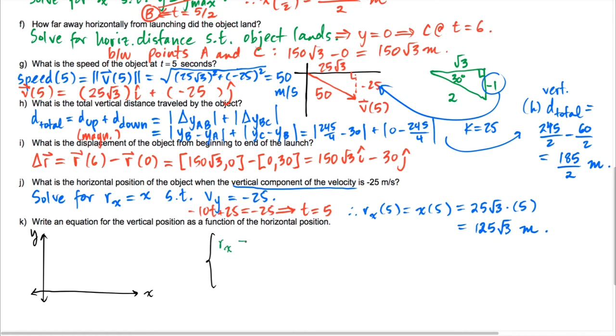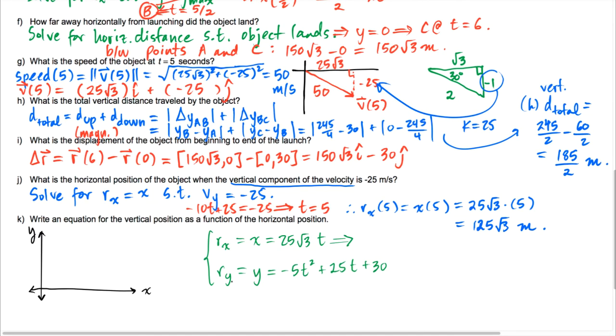So I can call it Rx or simply x. And I can call the second one Ry or simply y, which is the quadratic. And so we are trying to eliminate t because we don't want time to show up any longer in this equation. So this pair of equations for x, y, and t is known as parametric equations.